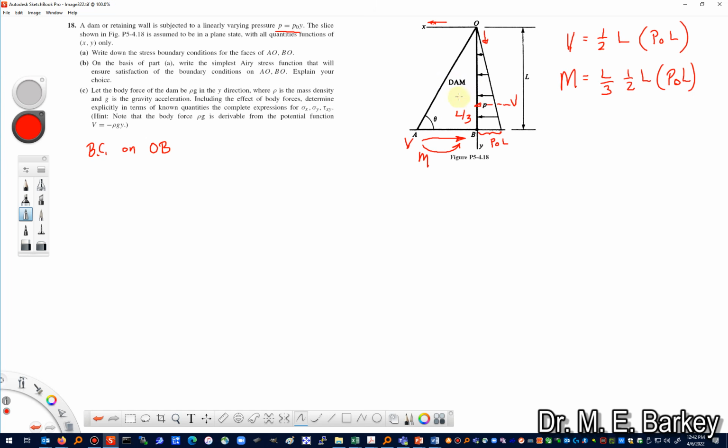So the stress in the x direction should be equal to minus p. But minus p is equal to minus p naught times y for the equation. There is no shearing stress that goes up and down. Tau xy is equal to 0.